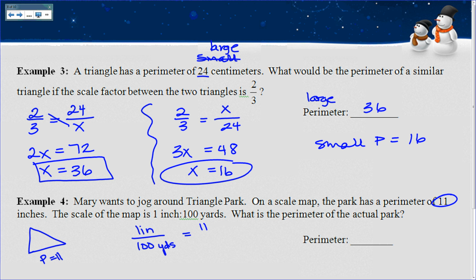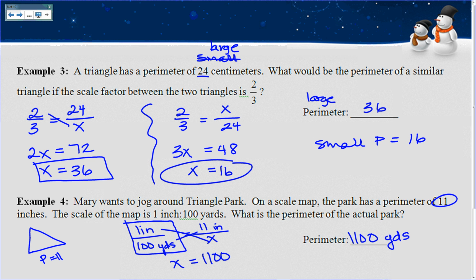So I'm going to pair the 11 inches up here with the inches, and I'm going to find the yards. So 1 times x is x. 11 times 100 is 1100. So that means the perimeter is 1100 yards. So all you have to do is take that scale factor that they give you and make a fraction out of it, and then make your second fraction match.